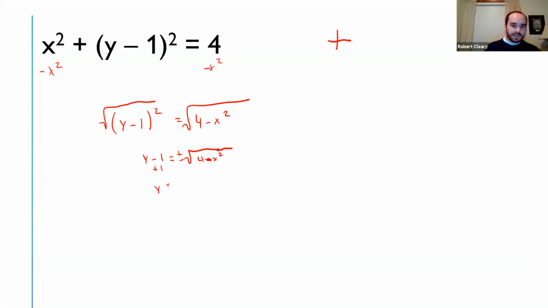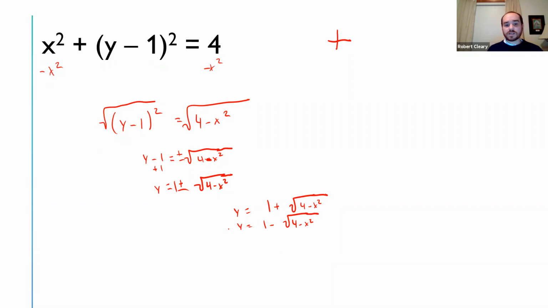So now we have y equals plus or minus the square root of 4 minus x squared. There should be a 1. So since y equals 1 plus or minus the square root of 4 minus x squared, there are two possible answers, right? We could have y equals 1 plus the square root of 4 minus x squared, or we could have y equals 1 minus the square root of 4 minus x squared.